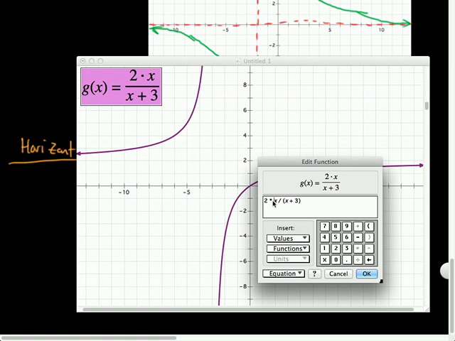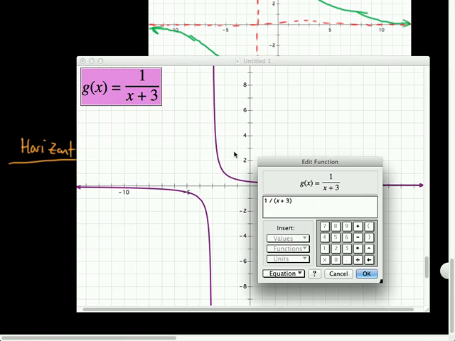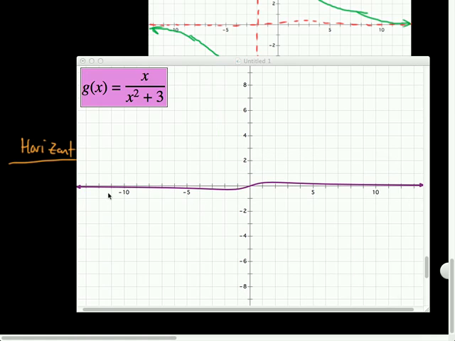Now, what happened whenever it was the other way around? What if the greater degree was in the denominator? It appeared that the horizontal asymptote was at y equals 0. Well, what if it's x over x squared? Notice it's actually still at 0. That's actually a really interesting graph right there, isn't it?